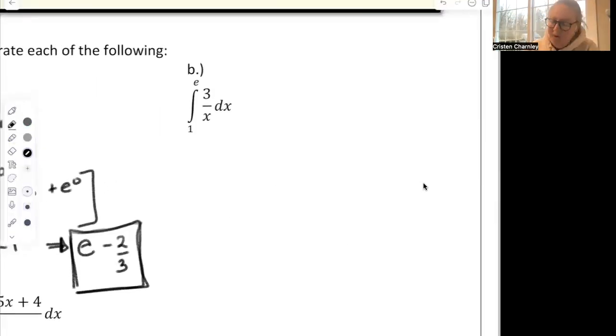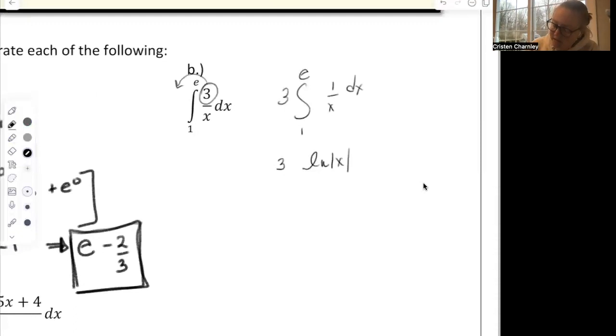If I have the integral of 3 over x dx, I know the antiderivative of 1 over x is going to be natural log. This 3 is a constant that I can pull to the front. So I can think of it as 3 times the integral from 1 to e of 1 over x dx. Now, if I look at the inside, the antiderivative of 1 over x is natural log of the absolute value of x between 1 and e.